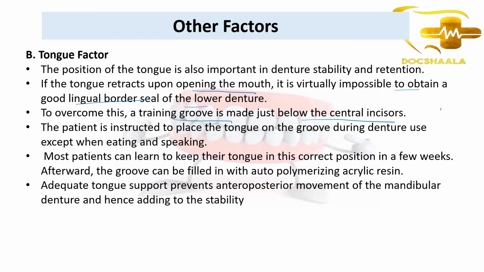The patient is instructed to place the tongue on the groove during denture use, except when eating and speaking. Most patients can learn to keep their tongue in this correct position in a few weeks. Afterward, the groove can be filled. Adequate tongue support prevents anteroposterior movement of the mandibular denture and hence adds to the stability.